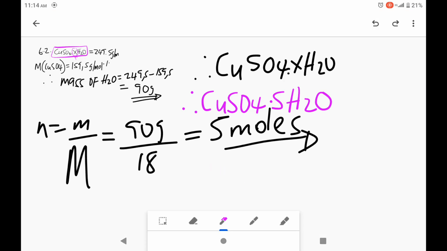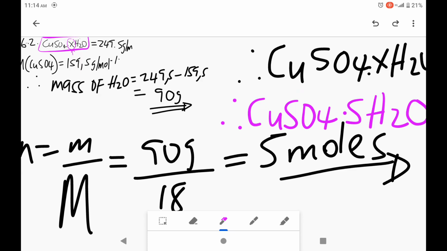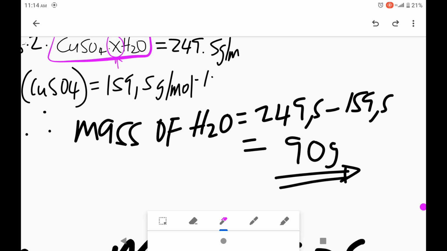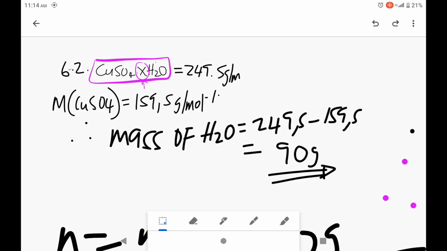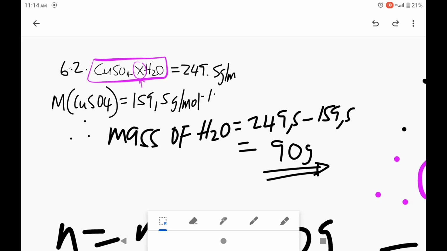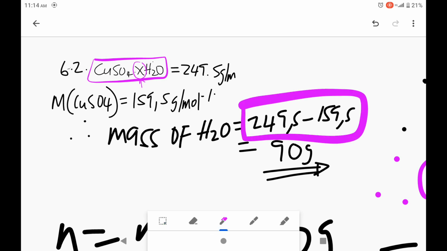We have the molar mass of hydrated copper sulfate, and we also need to determine the molar mass of unhydrated copper sulfate, and then we subtract those two masses, which will give us the mass of water, which is 90 grams.